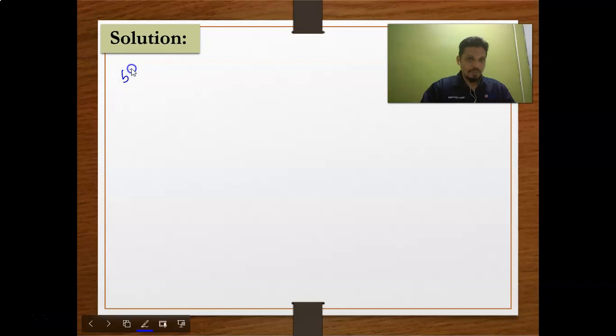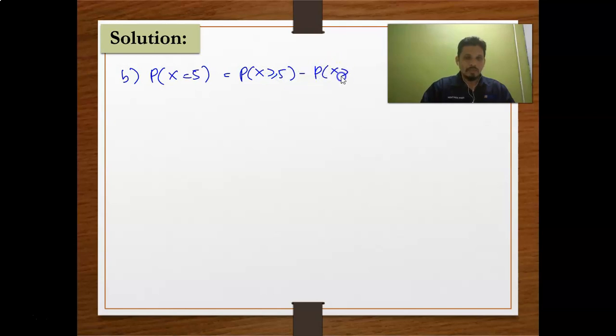For question B, the probability of x equal to 5 is the probability of x greater than or equal to 5 minus the probability of x greater than or equal to 6. We get it from the statistical table books here.